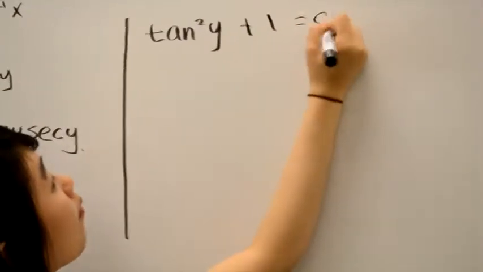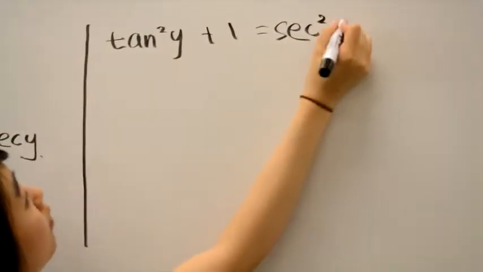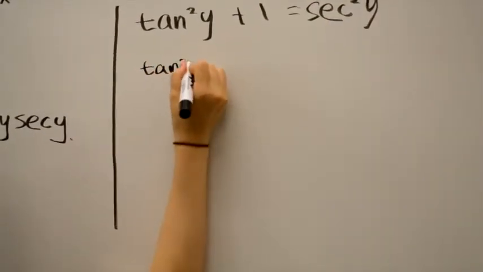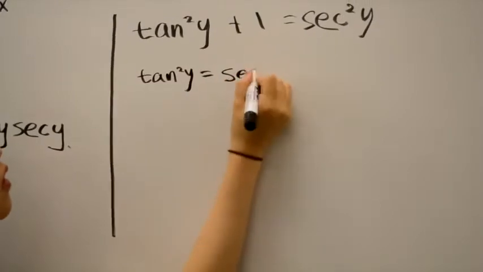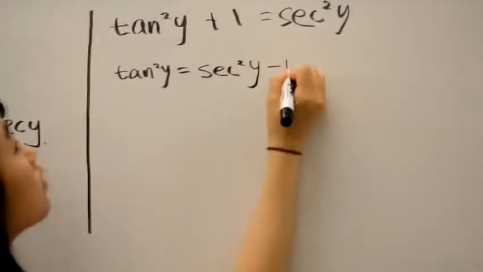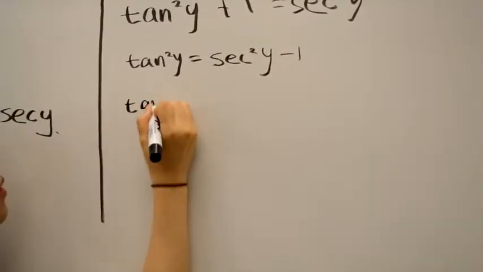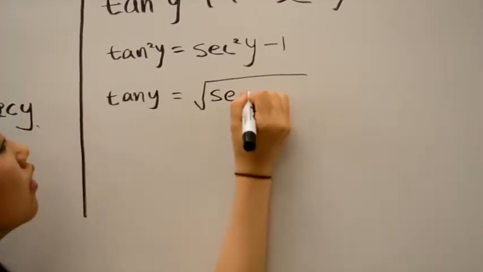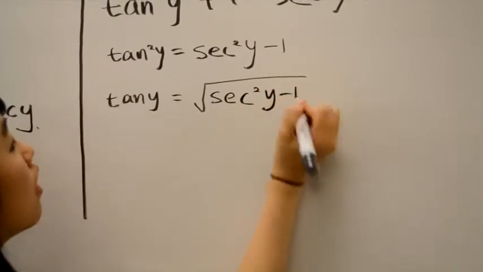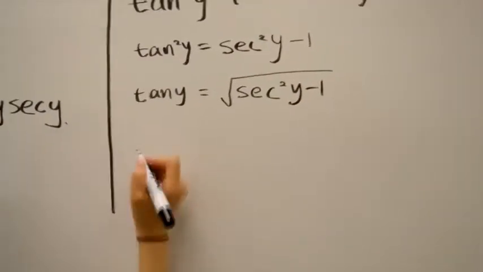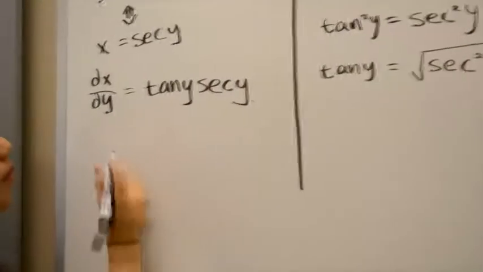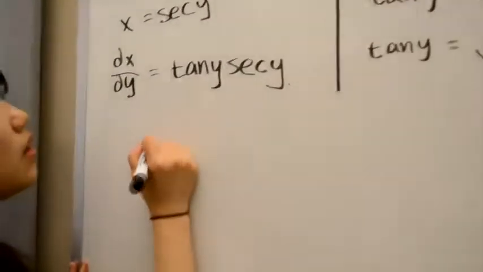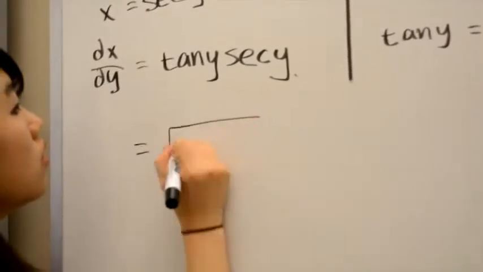tangent square y plus 1 is secant square y, and so tangent square y equals secant square y minus 1. We're just moving around the identities here. So the tangent y would be square root of secant square y minus 1. So we're going to substitute that in place of the tangent y.